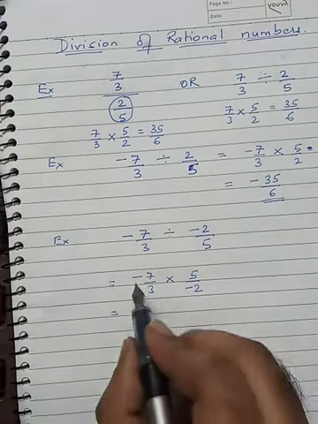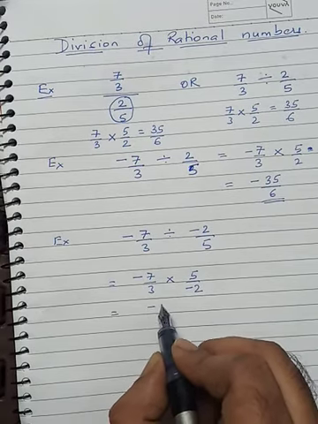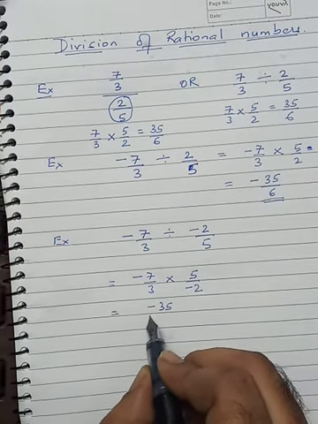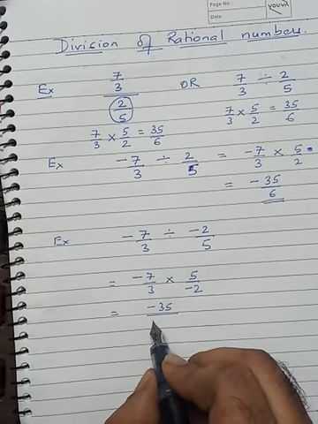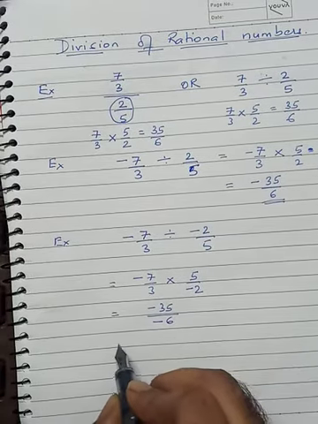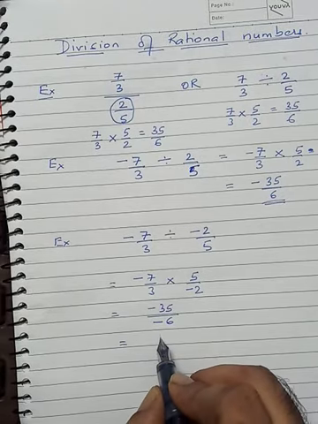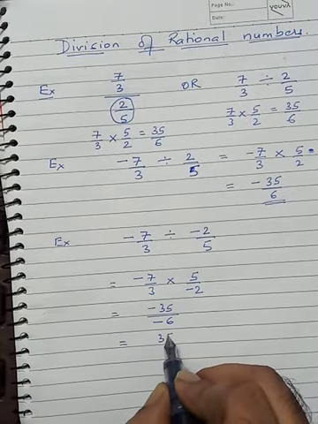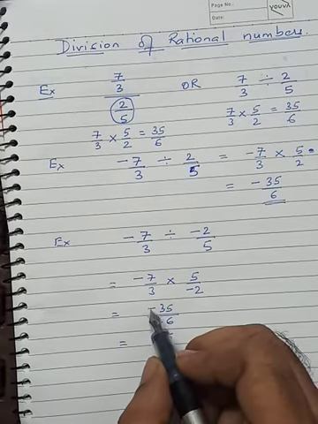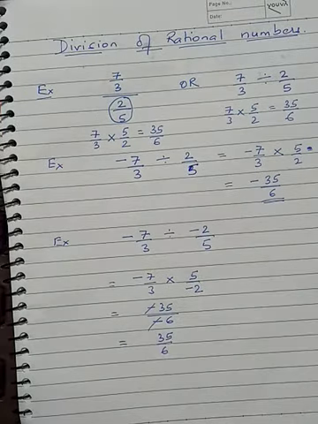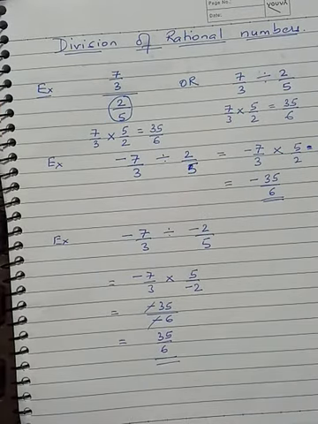Now here again, minus 7 into 5 is minus 35. 3 into minus 2 is minus 6. Minus divided by minus will give me plus. So that is nothing but 35 upon 6. So simply if I have minus signs on both the sides, I simply cancel both of them. That's how we normally write it.